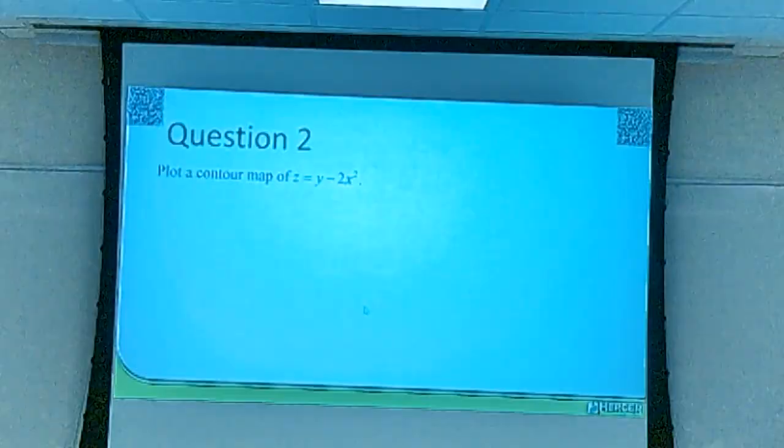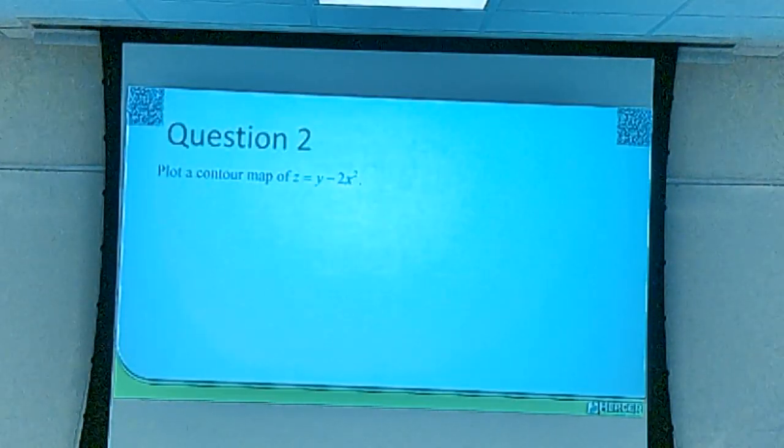No, stop here. It's more fun. Use the contour plot. So it's just the function.